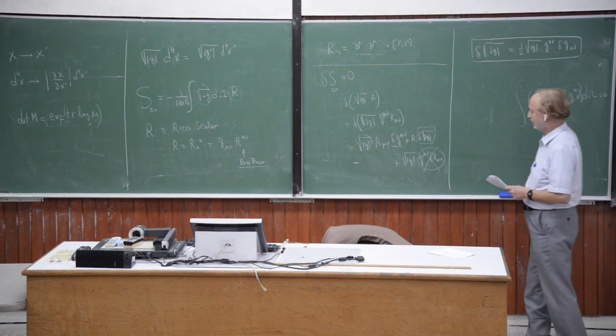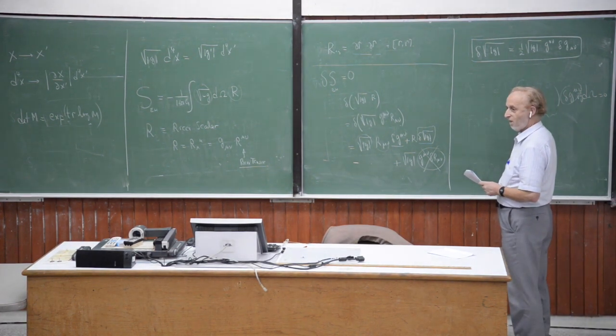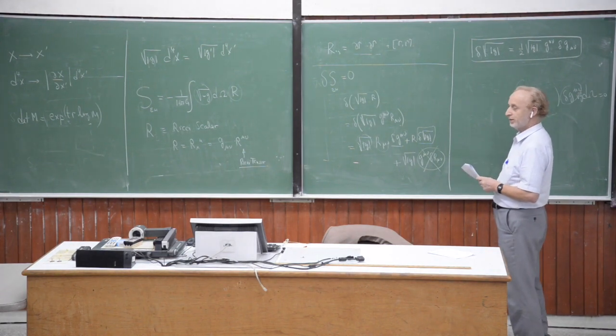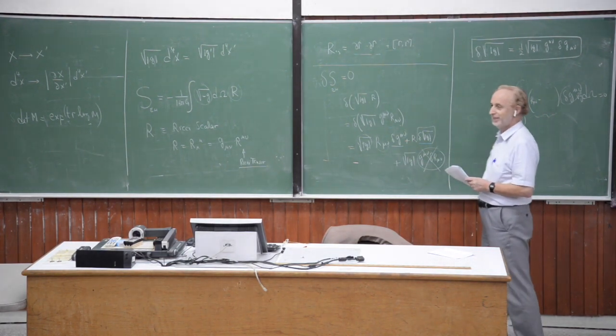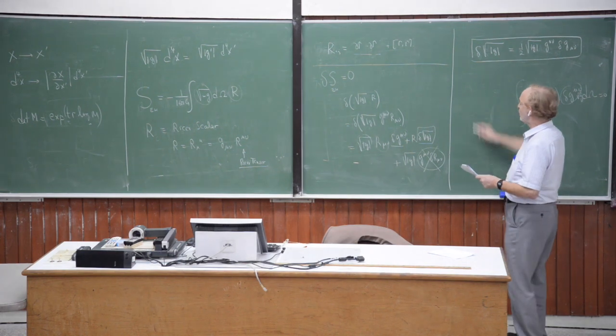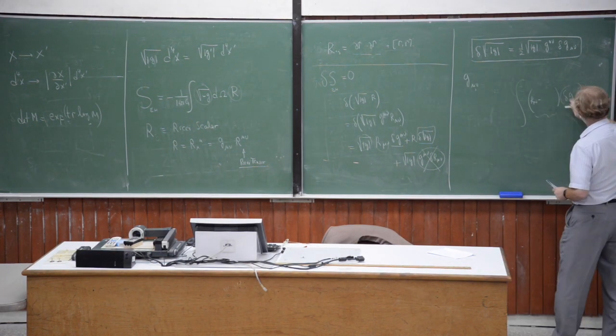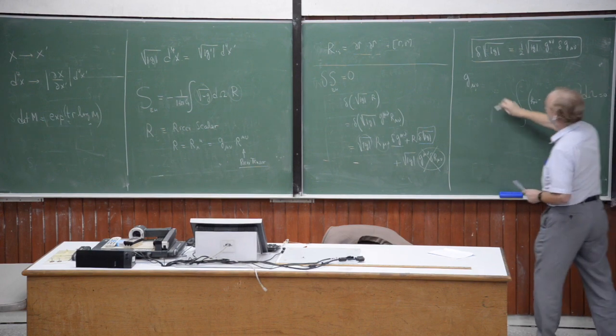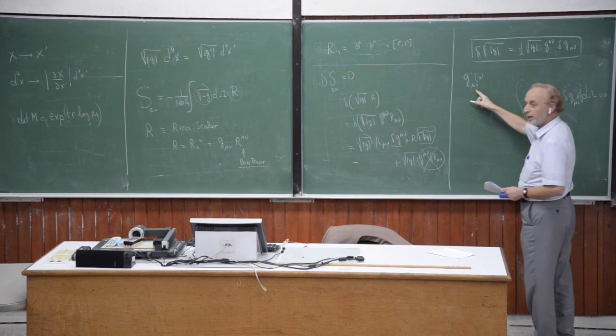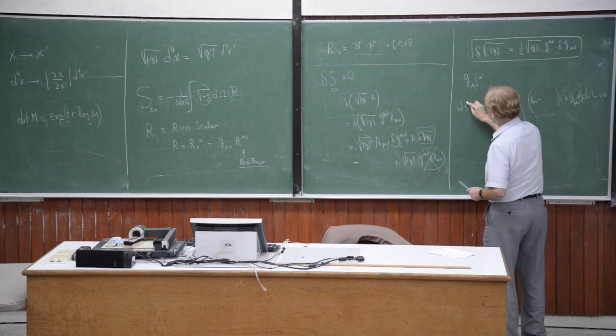Okay? I want to bring it downstairs. Then I bring this one upstairs. Because my fields are the G mu nu downstairs. You know why? Because when I write the metric, I write it like this.